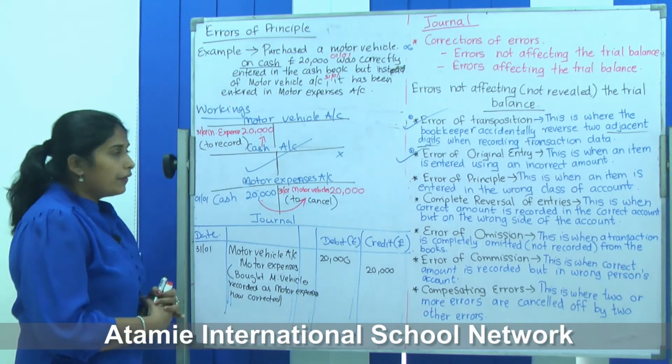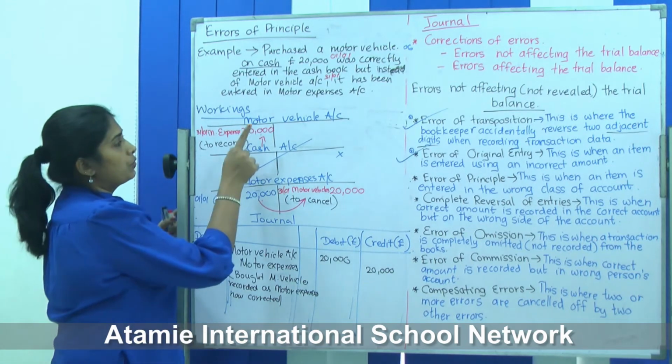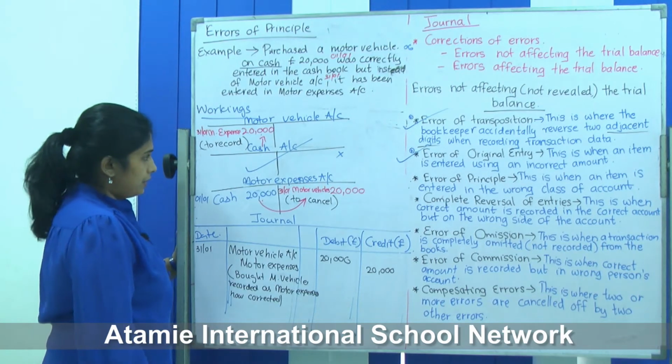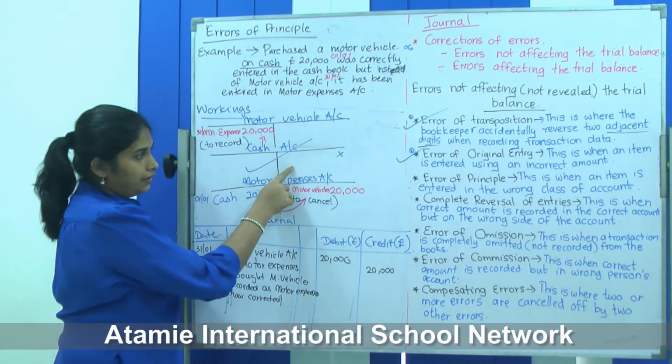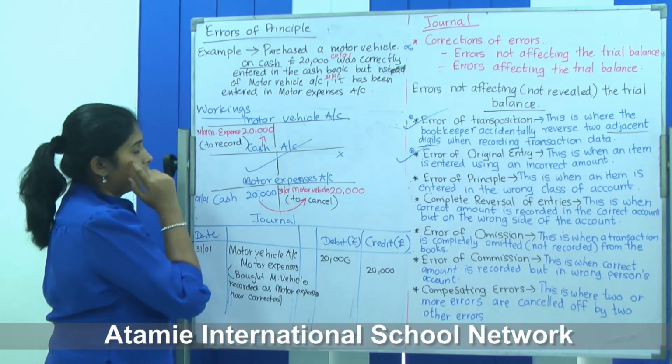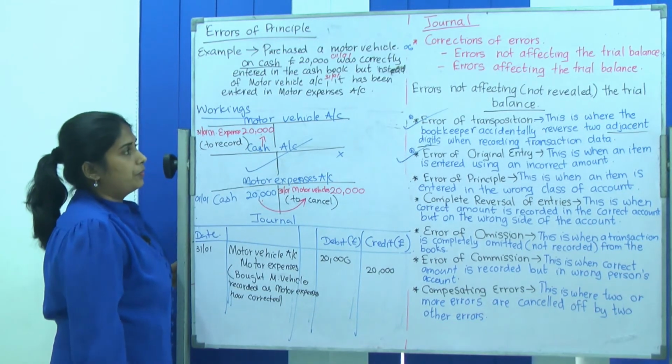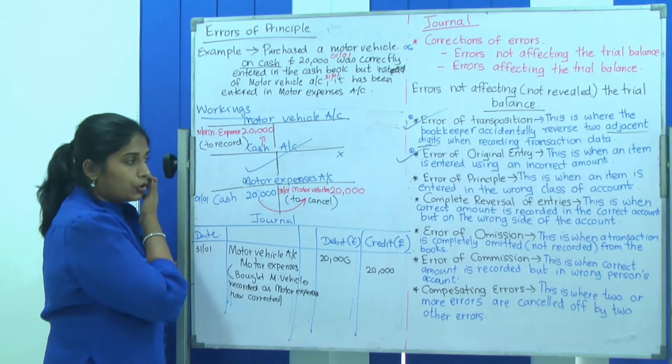So normally when you purchase a motor vehicle, the motor vehicles account should be debited and the cash account should be credited.